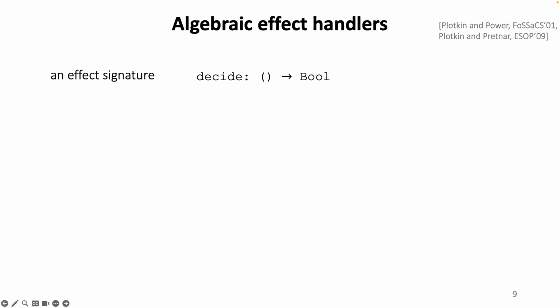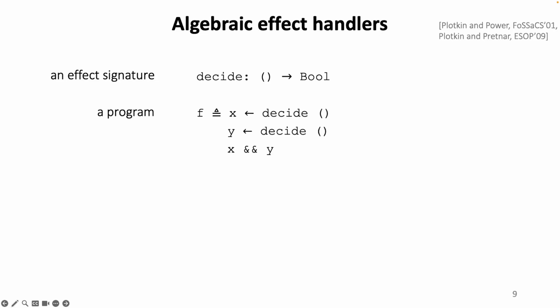So intuitively, effect handlers are a powerful way to incorporate computational effects in a programming language. And for this particular example, we consider an effect signature that defines an effect operation decide that takes a unit and returns a Boolean. And with this effect signature, we can already start programming with these operations.